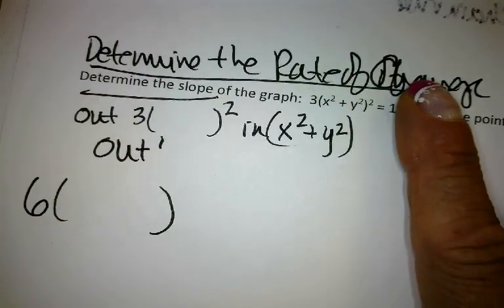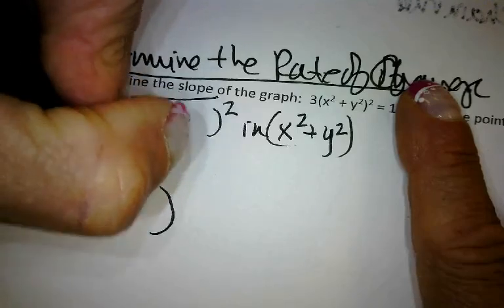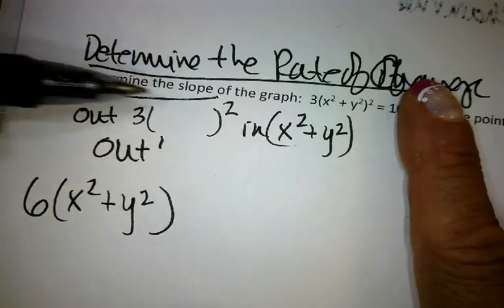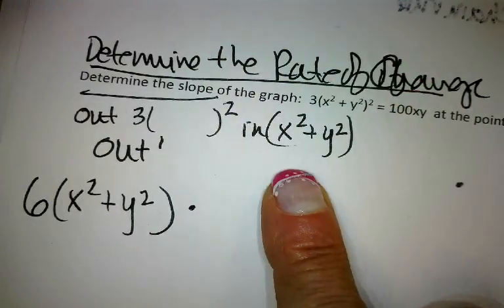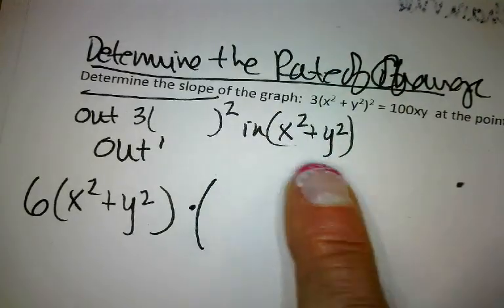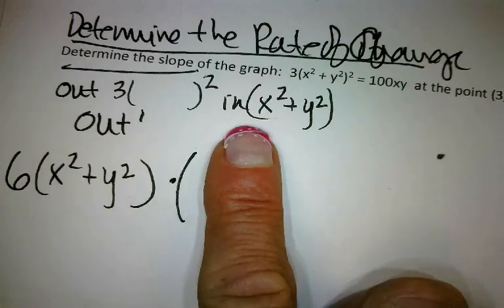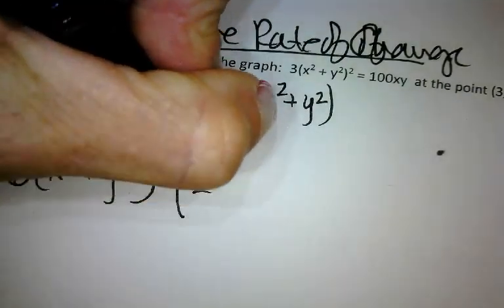I didn't actually take the derivative of y, so that's it. Times the derivative of the inside, I'm going to put parentheses because I'm going to end up with 2 terms. The derivative of x squared is 2 times x. The derivative of y squared is 2 times y times dy over dx.